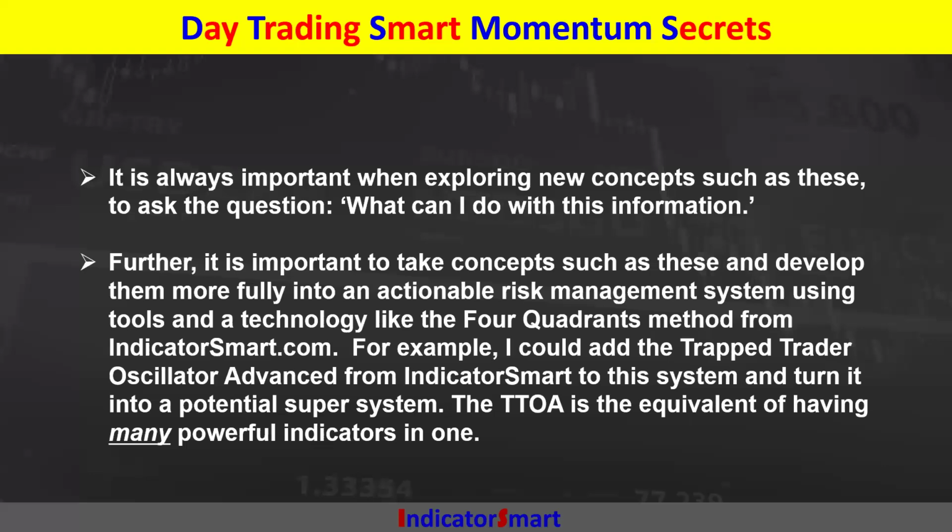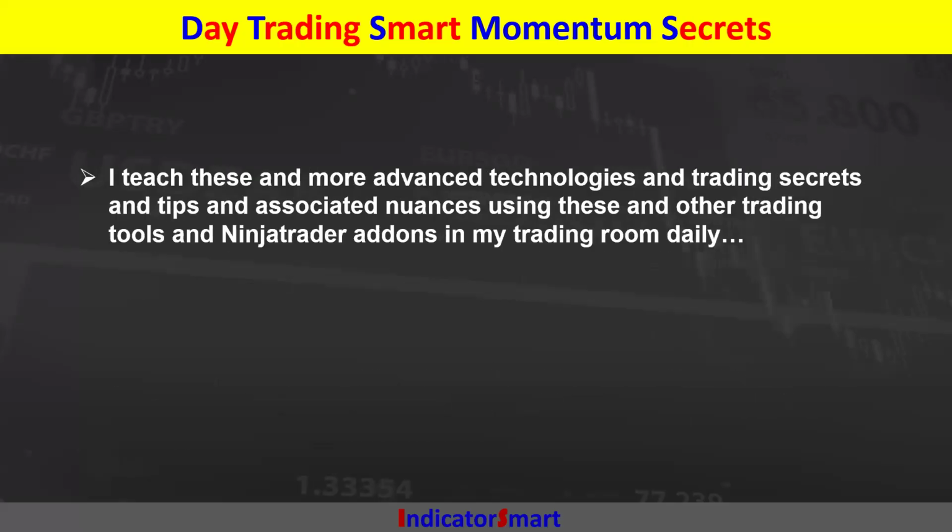There are tons of videos on using the Trap Trader Oscillator on the YouTube channel. The Trap Trader Oscillator is the equivalent of having a whole bunch of indicators all in one. It's not just one indicator. It costs a little bit more and it delivers a lot more. So it's one of our most popular indicators along with the Smart Momentum by far.